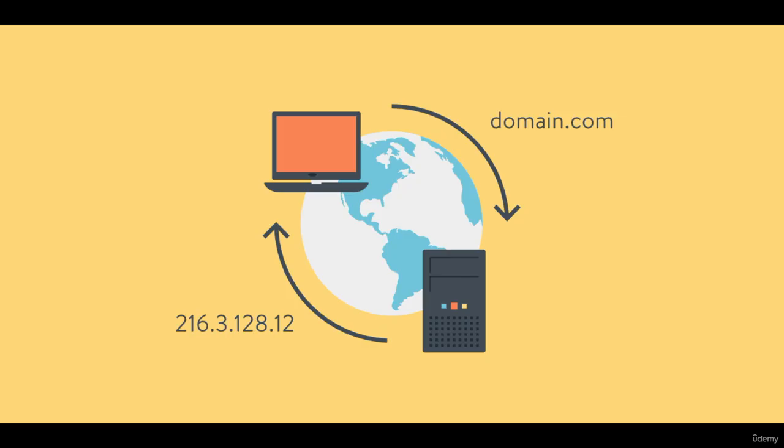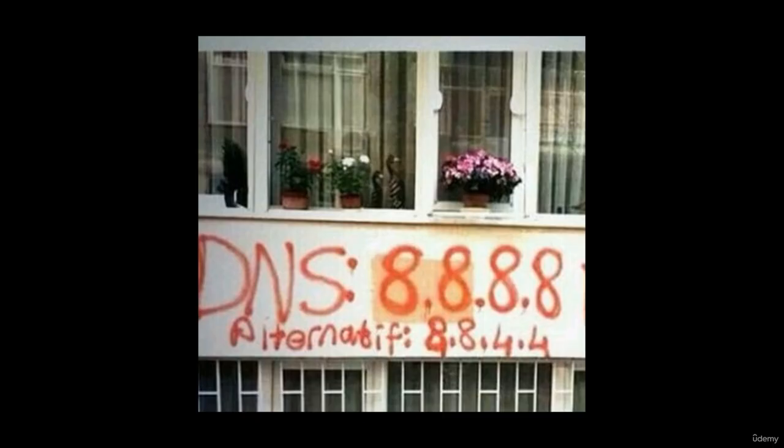Thanks to this system, you can browse the internet quickly and comfortably. A DNS server is a computer server with a database of site names to IP addresses. Most DNS servers are owned by internet service providers. They just open the servers to their customers. However, there are free servers available.